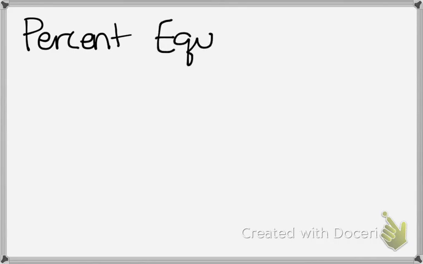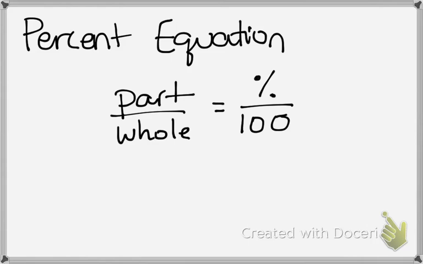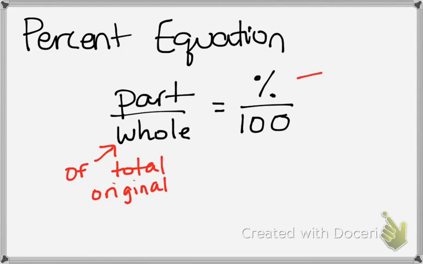Okay, so just to summarize, the percent equation is really helpful because we can use it in a lot of cases. So it's part over whole equals percent over 100, and the whole is always going to be your of word or your total or your original. Percent is always going to be the thing with the percent sign on it, right? 100 is always going to be 100.